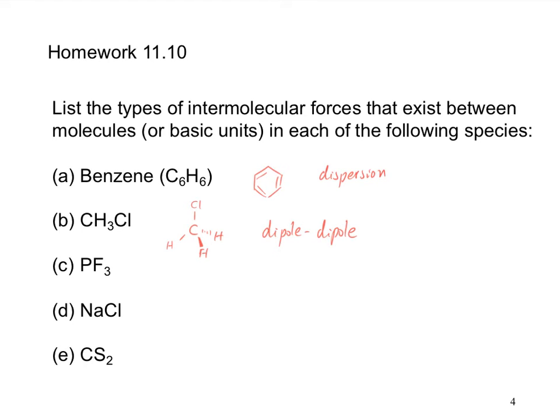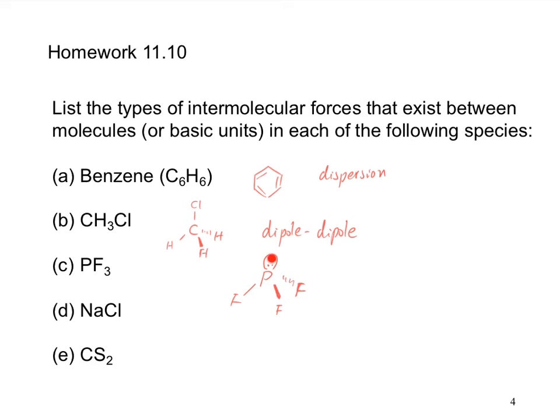And in the next one, phosphorus trifluoride. If you work out the Lewis structure, you will figure out this molecule has a so-called trigonal pyramidal structure, similar to ammonia, NH3. This molecule is a polar molecule, and there's no ion, so therefore there's no ion involved.